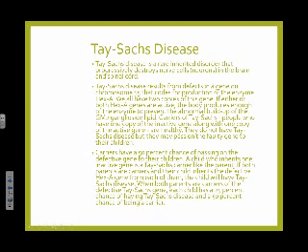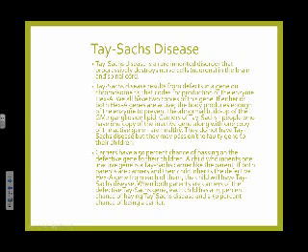Carriers have a 50% chance of passing on their infected gene to their children. Children who inherit 1 inactive gene of Tay-Sachs are carriers like their parents. If both of their parents are carriers, the child inherits the defective Hex-A gene from each of them, and the child will have Tay-Sachs. When both parents are carriers of the Tay-Sachs gene, each child has a 25% chance of having Tay-Sachs and a 50% chance of being a carrier.